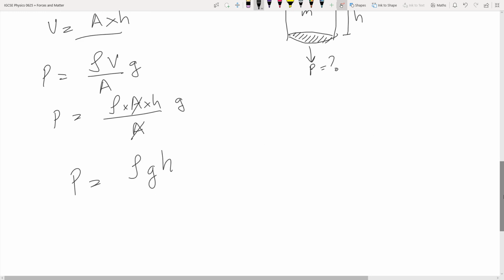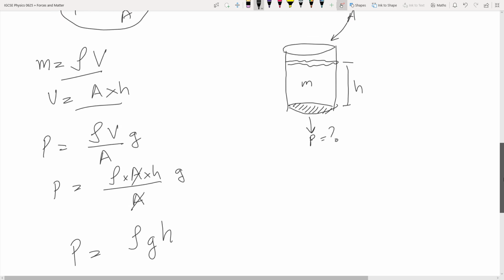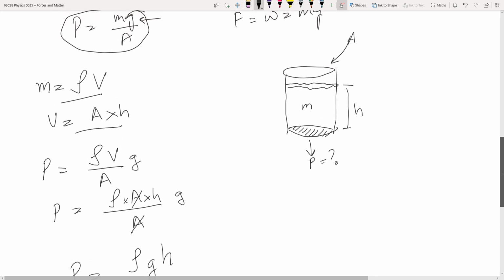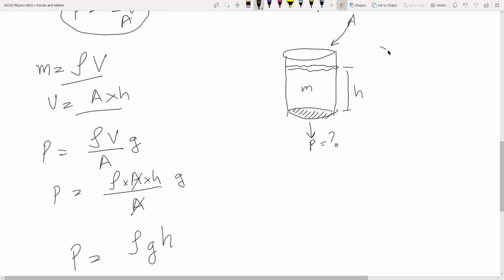That means you no more need to concern yourself with the area of this cylinder. It doesn't matter. Let's say I have another cylinder which has a little lesser cross-sectional area but has the same height of the fluid. And if I try and calculate the pressure at the bottom of it, P2, so over here P1 would always be equal to P2.